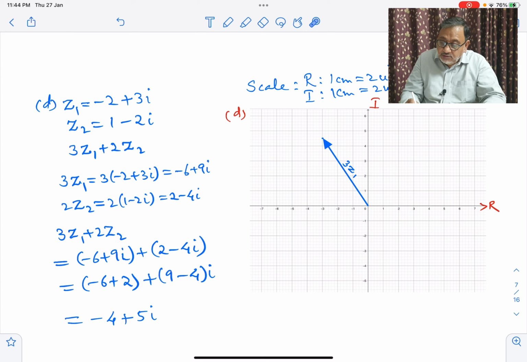I will come here. 2 units means 1 centimeter on the graph, and minus 4 means 2 units down, only 2 units down from here. So from here 2 units down will be minus 1 and minus 2. So I will be between 2 and 3. So 2.5. Okay. From 4.5 I will come to 2.5. So it will be minus 4 down, because centimeter will be negative 2, minus 2 downwards.